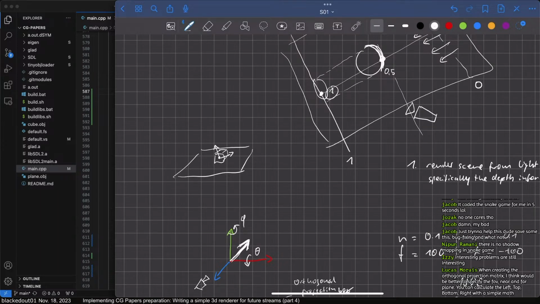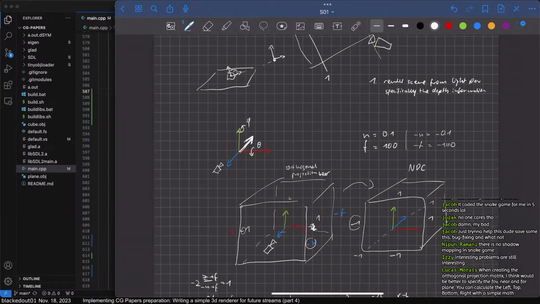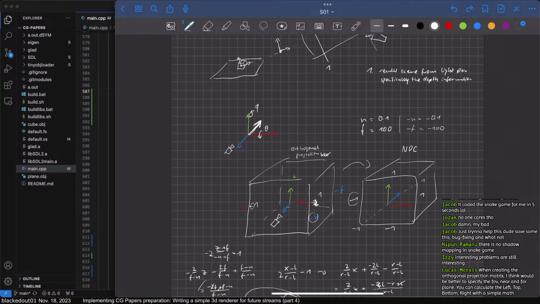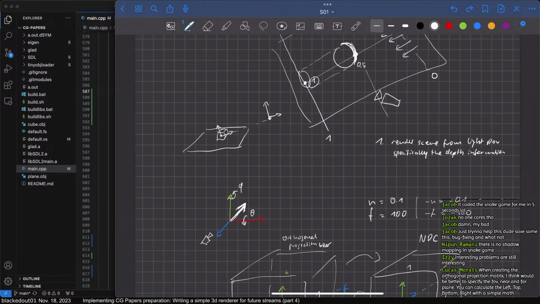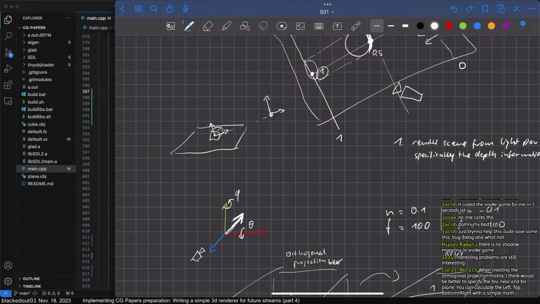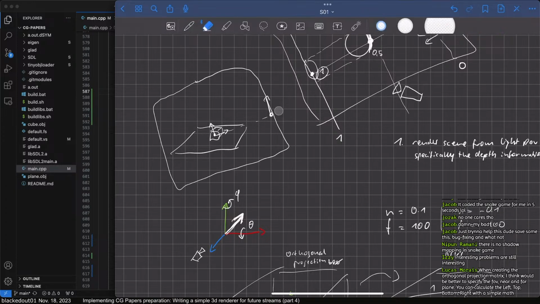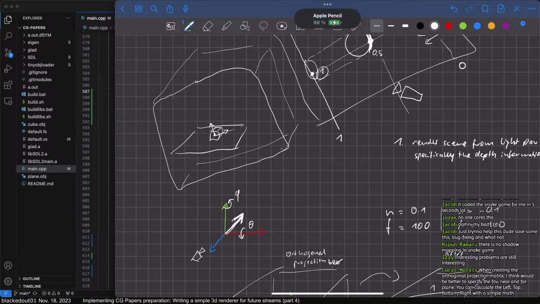And instead of offsetting this in some direction, what we can also do with this orthogonal projection matrix, because orthogonal projection matrices don't really care where they are originated, is just put the box into the center, so we don't have to do this offsetting stuff. I think that's a bit easier.